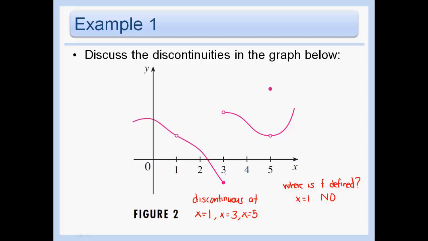What about at x equals 3? Yeah. Because right here, that is at x equals 3, that's what the function equals. And what about at x equals 5? Yeah. It's this point right here. This is f of 5.